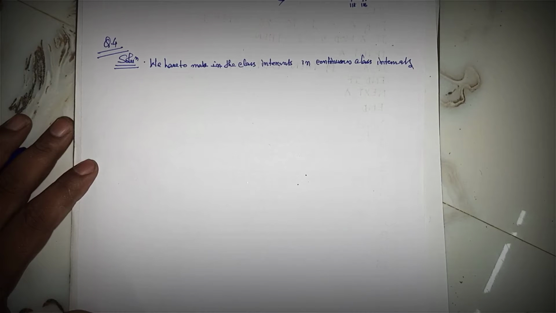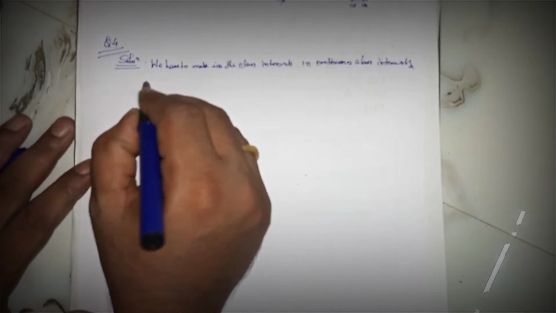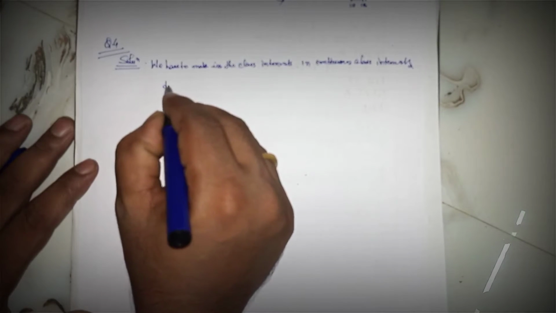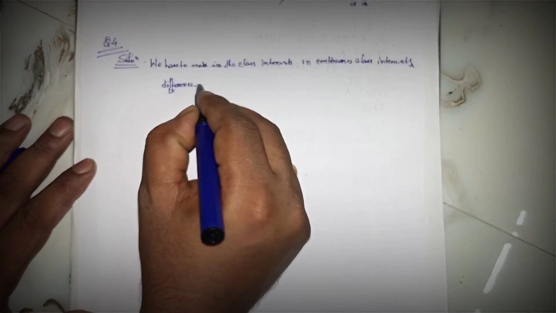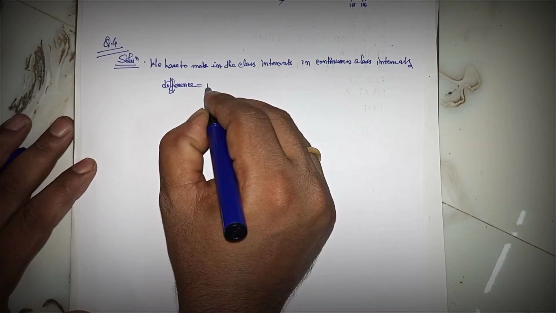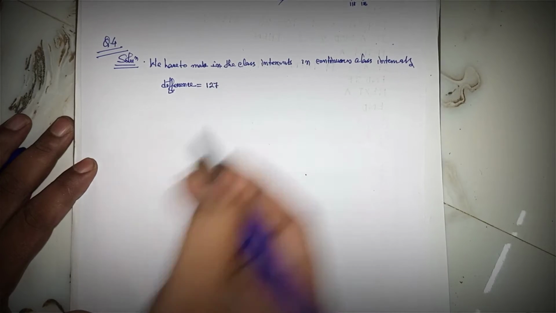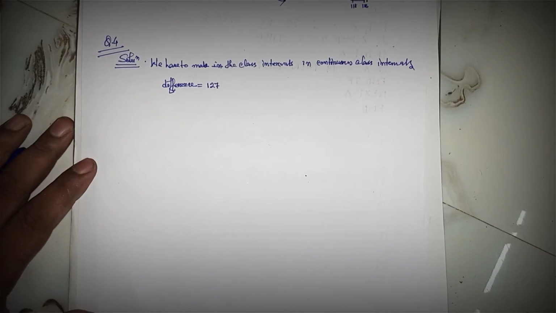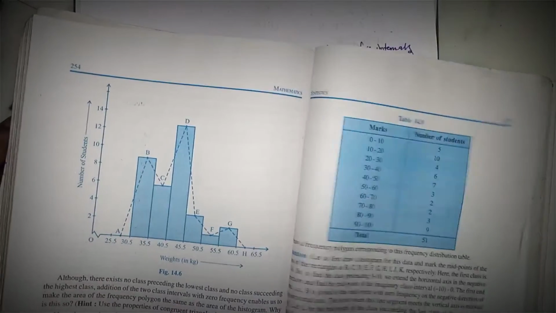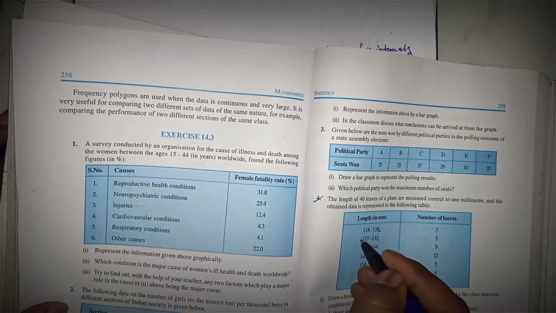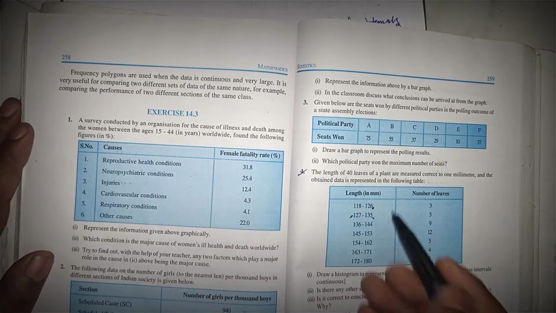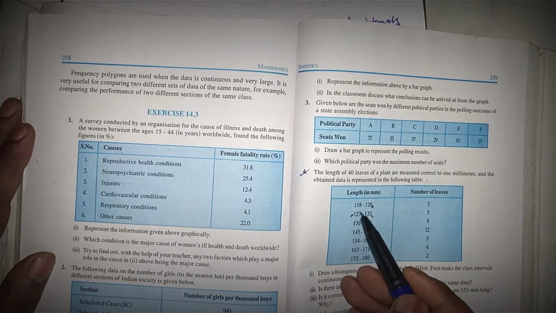First we need to find the difference between two classes. Here the classes are discontinuous, why?